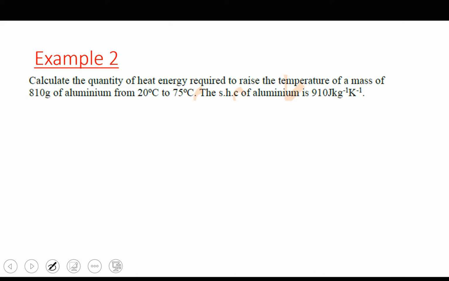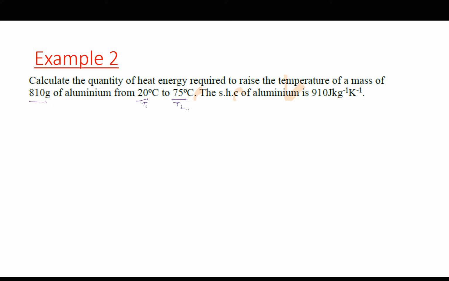Example number 2. Calculate the quantity of heat energy required to raise the temperature of a mass of 810 grams of aluminium from 20 degrees Celsius to 75 degrees Celsius. This is the initial temperature, this is the final temperature.